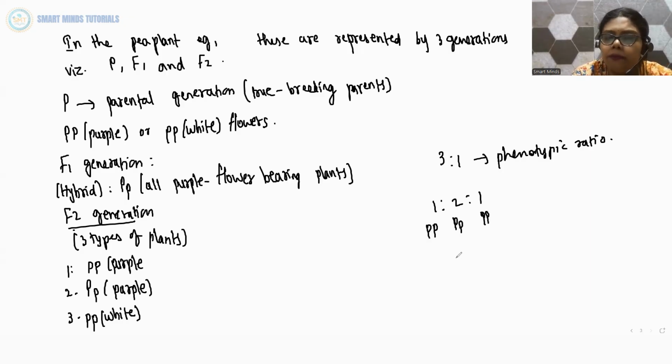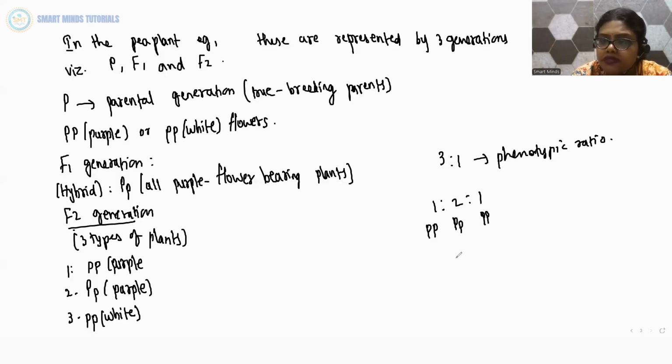So dominant purple, that is capital P, capital P or capital P, small p, and recessive white, that is both small. Phenotypes look alike in the F1 generation, and they show a 3:1 ratio in the F2 generation.